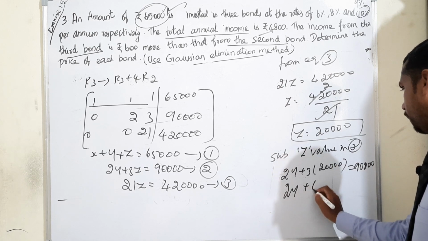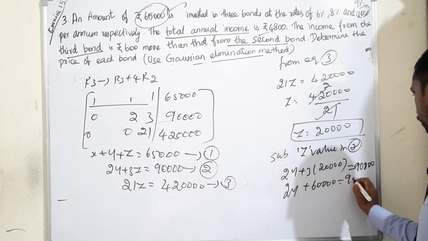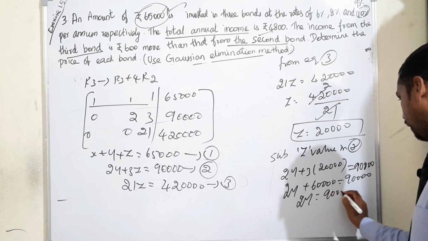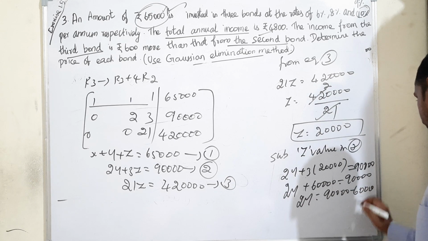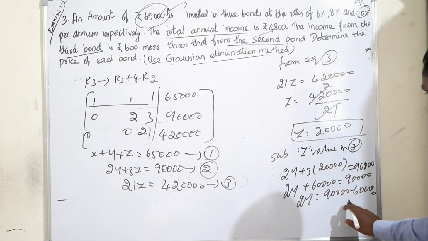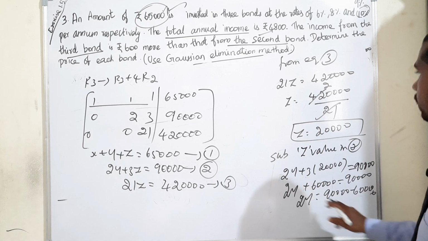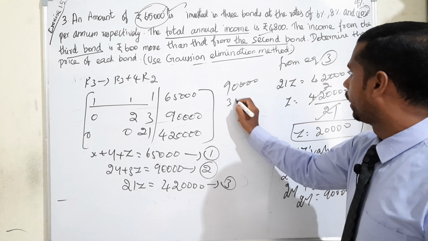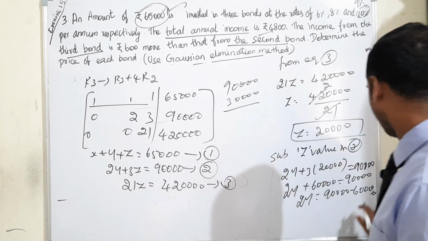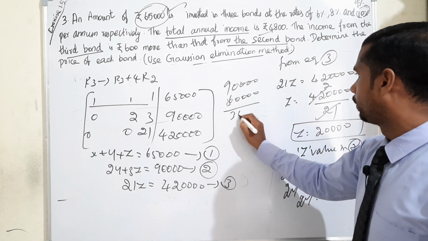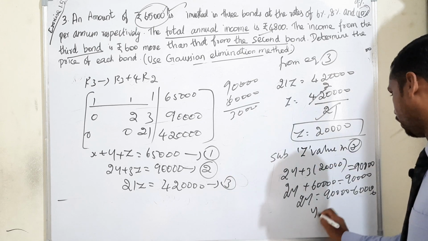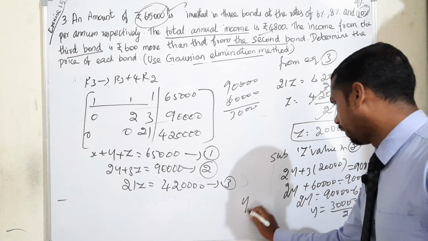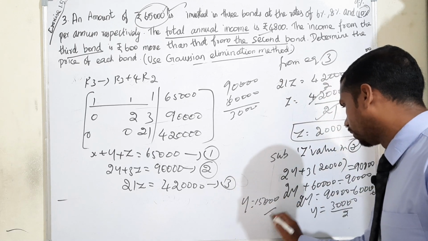Again 2y plus 60,000 is equal to 90,000. So 2y is equal to 90,000 minus 60,000, isn't it? Definitely 90 minus 60 is 30, that is 30,000. So y is equal to 30,000 divided by 2. Therefore the final answer: y is equal to 15,000.